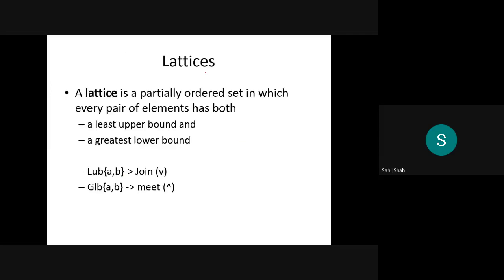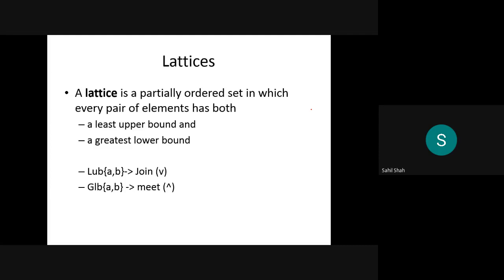So the last part from the relations, the concept of lattice. So what is a lattice? A lattice is a partially ordered set or a poset in which every pair of elements has both LUB as well as GLB. So we will be presented with a set and a partial ordering relation.